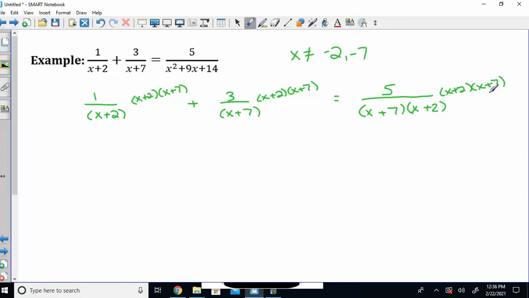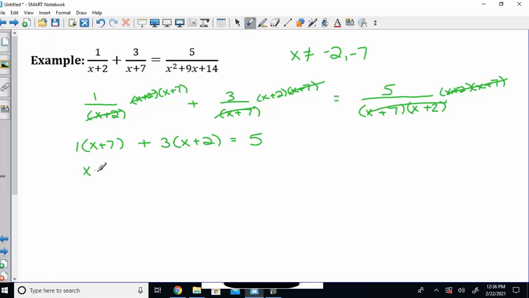Alright, so in the first one, we see the x plus 2 drops out. Second one, the x plus 7 drops out. The third one, everything's gone. So we have 1 times the x plus 7, 3 times the x plus 2, and just a 5.